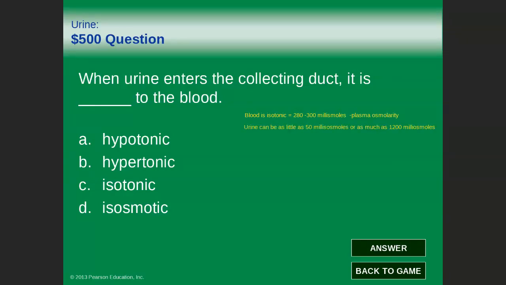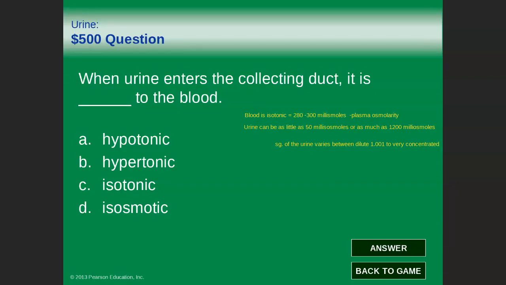Remember the specific gravity of the urine varies between dilute, which would be 1.001, to very concentrated at 1.035.